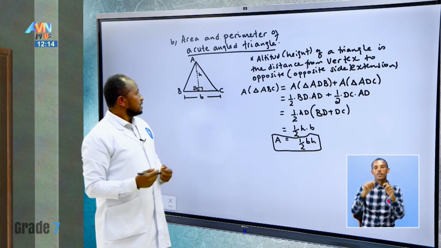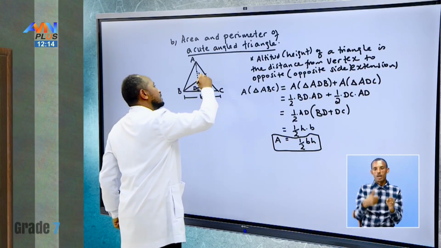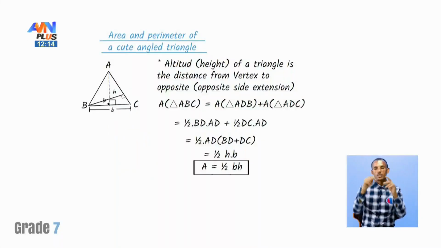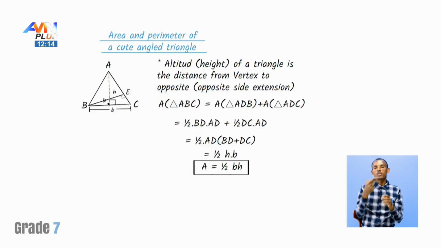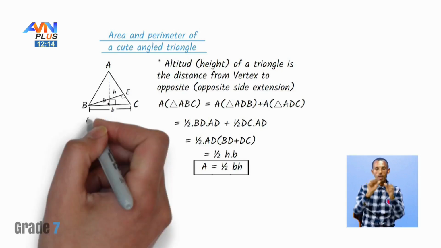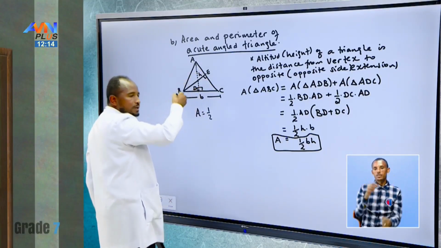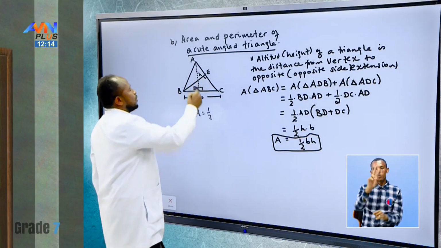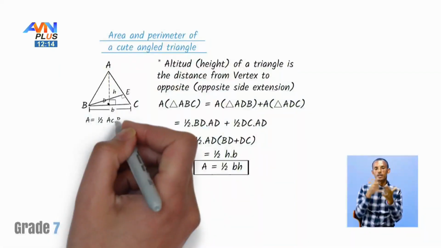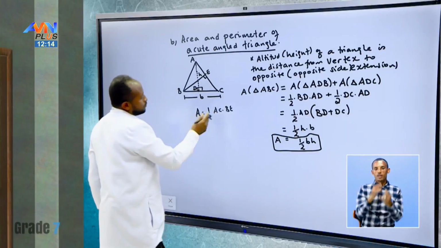By the way, you can use the other altitudes to calculate the area of this triangle too. Using this as an altitude, assume this one is BE, the area is half times the base, in this case AC, and the altitude BE. So take the product of the two and divide by 2: AC times BE divided by 2 will be the area.